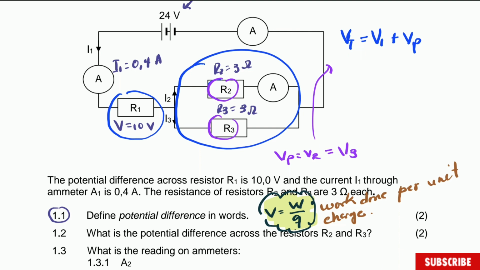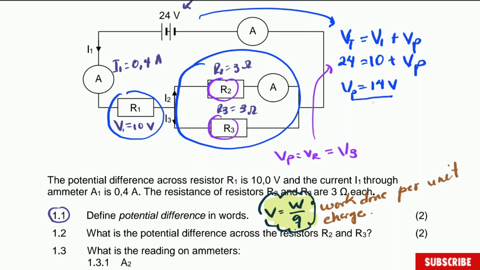So if we substitute, the total potential difference of the battery is 24, you can see it here, equal to the potential difference that passed through resistor R1, or V1, we can call that one. V1 is equal to 10, given to us, and then the potential difference in the parallel part is going to be equal to 14. So the parallel part is equal to 14 volts.